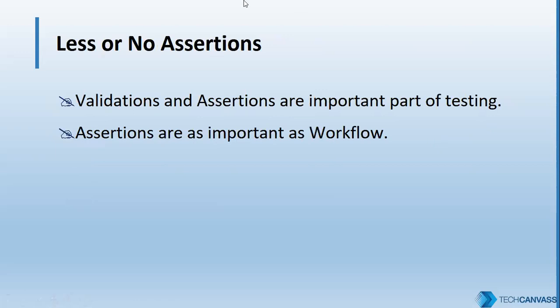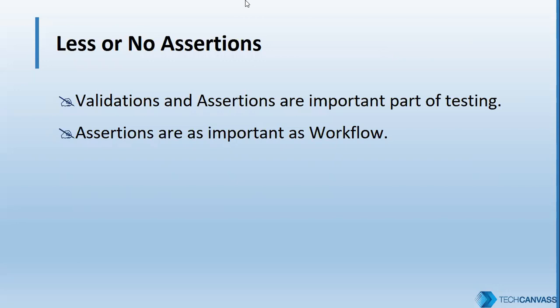Another mistake that we generally make is not having enough assertions or checkpoints in our test scripts. The core goal of testing is to compare actual results with the expected result and pass or fail the test case based on the outcome. However, if we do not have enough assertions, enough validations, and enough checkpoints in our test automation code, then the usability of our test automation decreases.